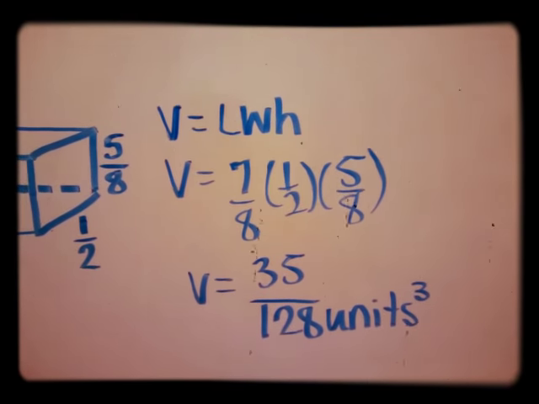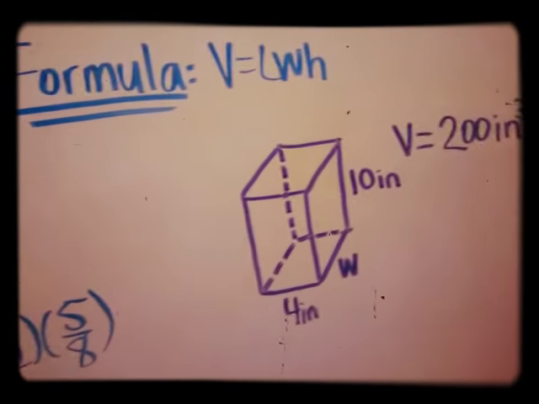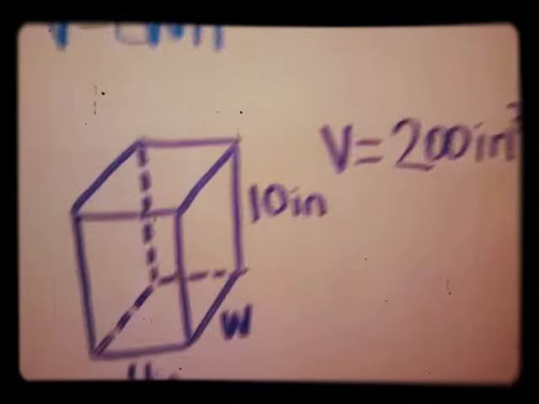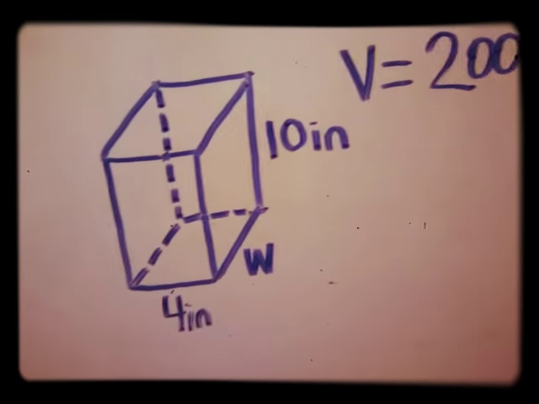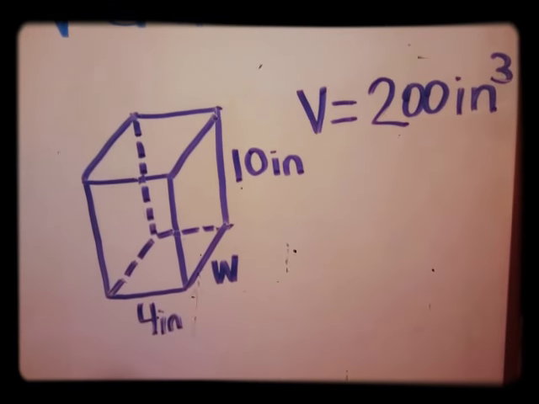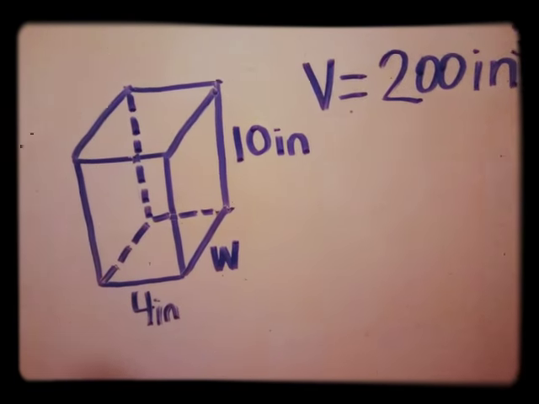Alright, the next problem we have over here is calculating a missing dimension when the volume is already given within the problem. If we look at the problem here, the volume is already given as 200 inches cubed. So we have some dimensions.